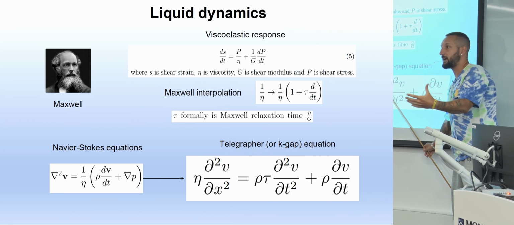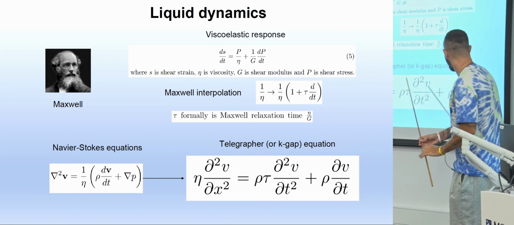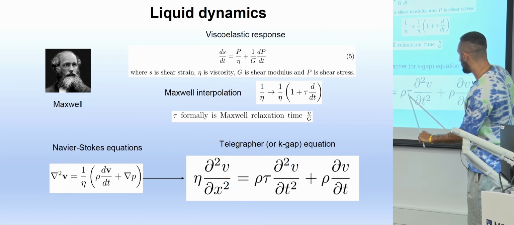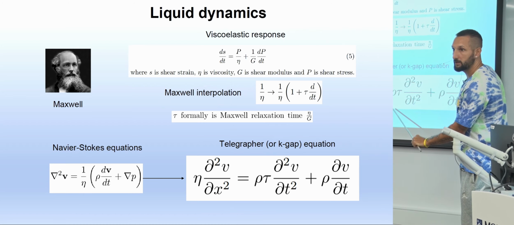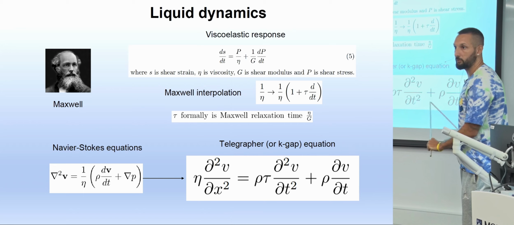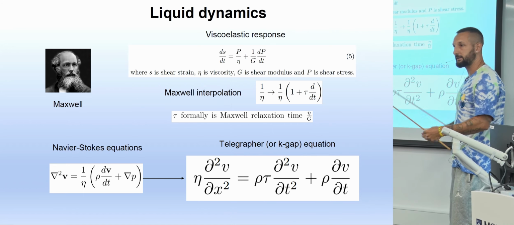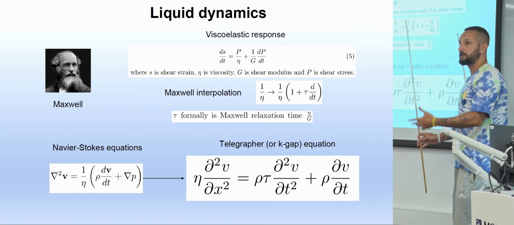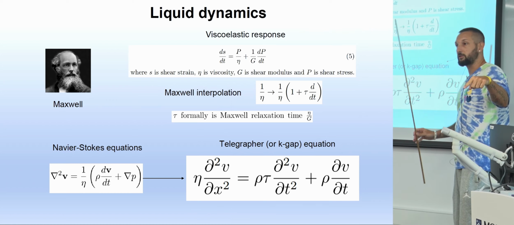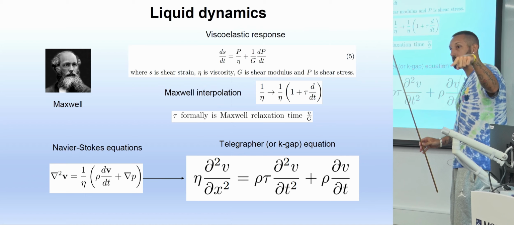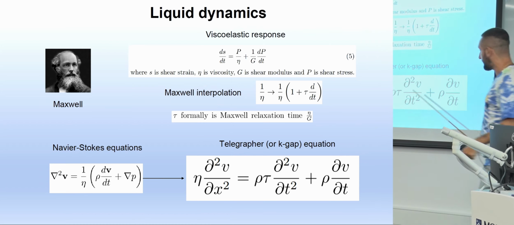These are the two types of dynamics, and depending on the strength of this tau compared to your time derivative, you will have one or the other winning. So mathematically, what I'm doing here is nothing else than writing down in mathematical terms the idea of Frenkel that there is a competition between vibrating and jumping.